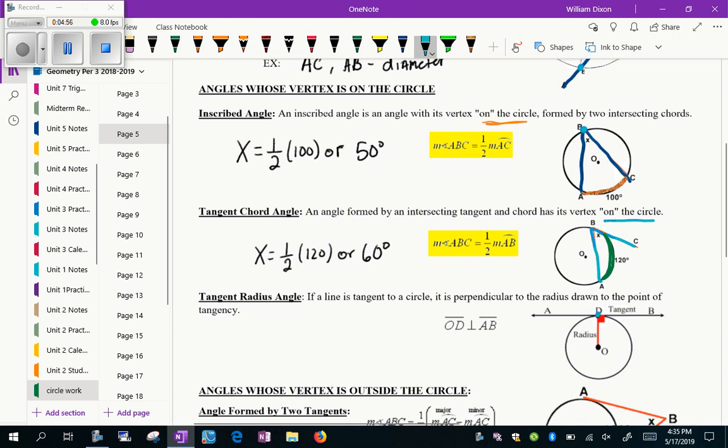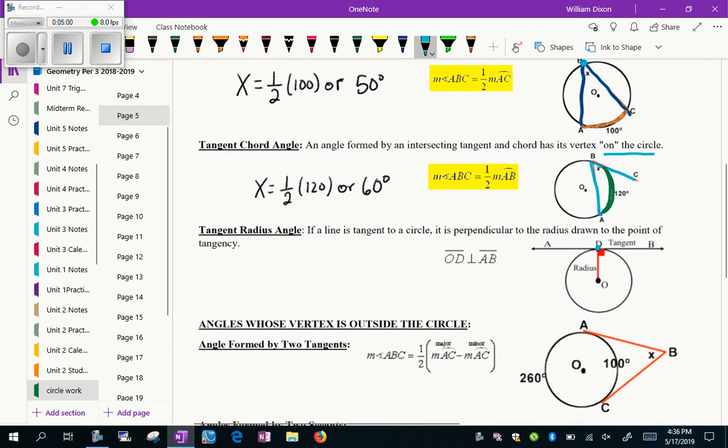If I extend the radius, let's give, all right, that diameter, well, the intercepted arc there formed by those two lines is going to be 180 degrees.